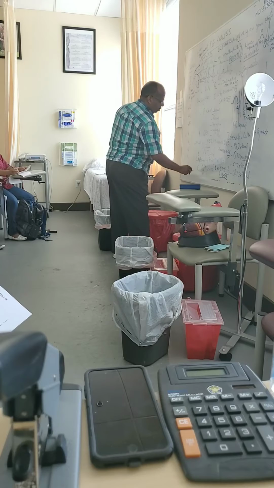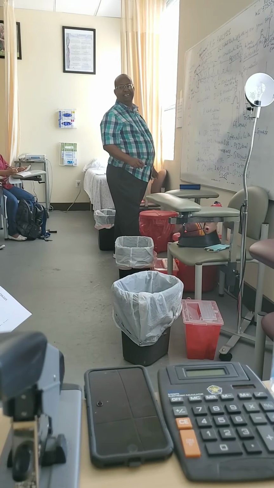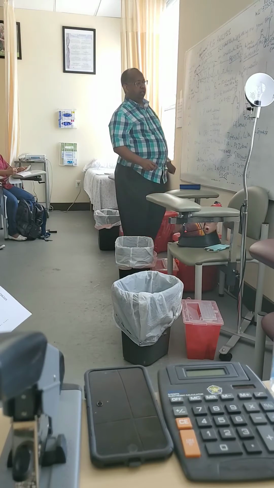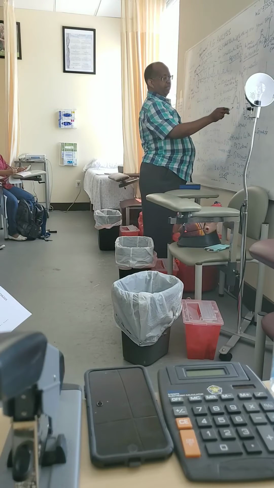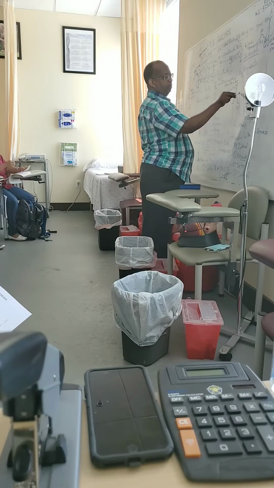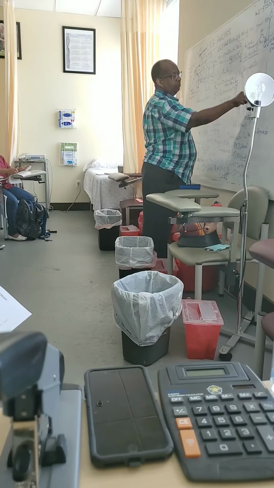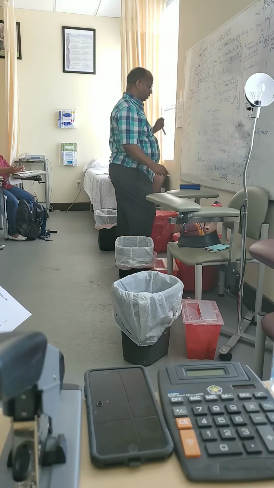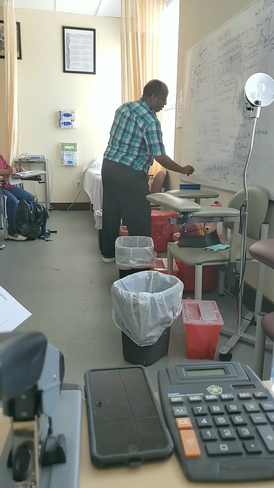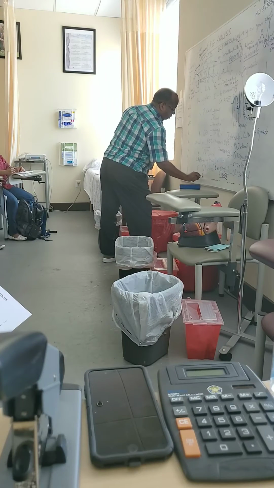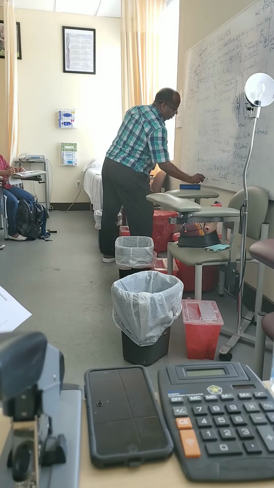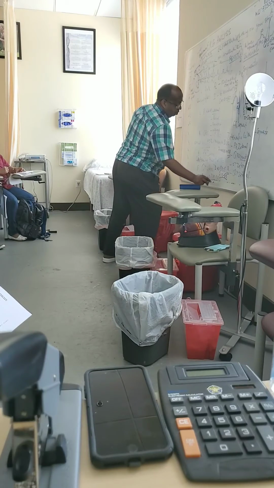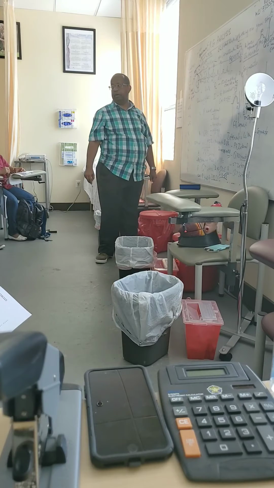Where does T start? No, it's QT. It starts from the beginning of Q and ends at the end of T. Okay? So from the beginning of Q to the end of T, multiplied by 0.04.